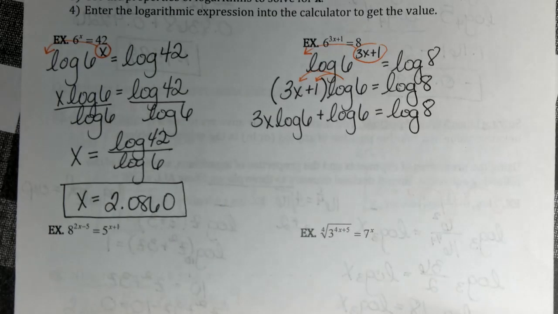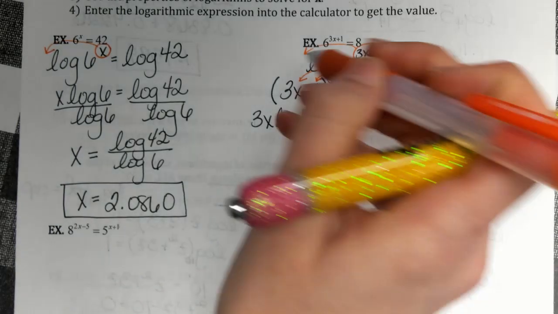If your penmanship is not the nicest or the neatest, make your best effort, because you're going to have the word log all over this paper with some variables and numbers thrown in. Make sure I can follow your work. All right, so I need this x.